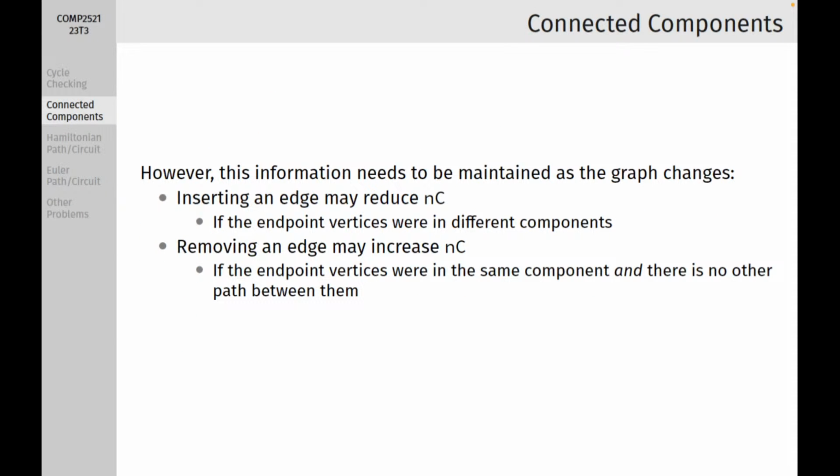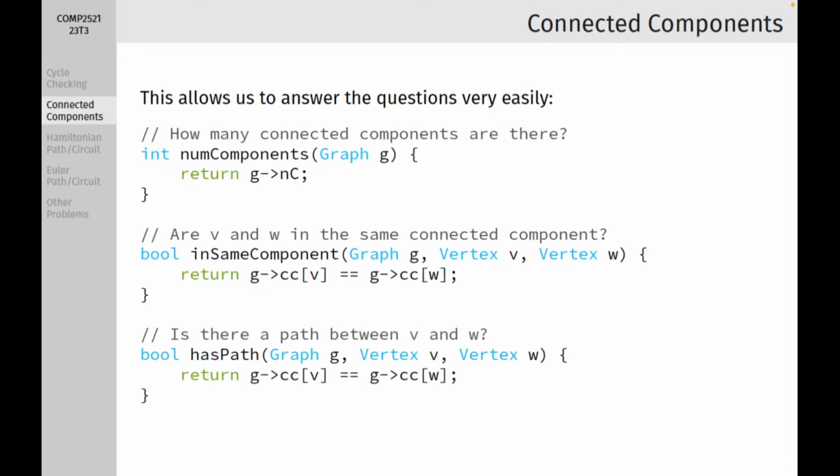Also, if we remove an edge, then that might increase the number of connected components. If after we remove the edge there is no longer a path between the endpoint vertices, then that increases the number of connected components.